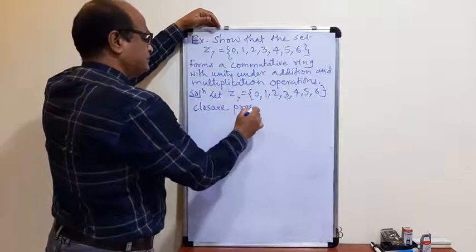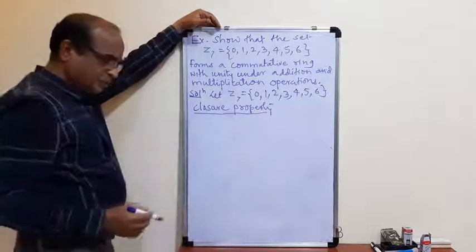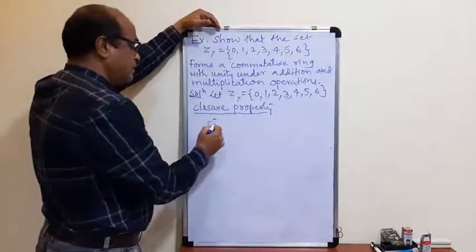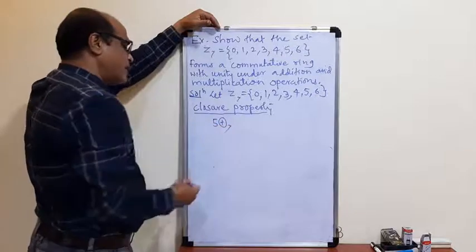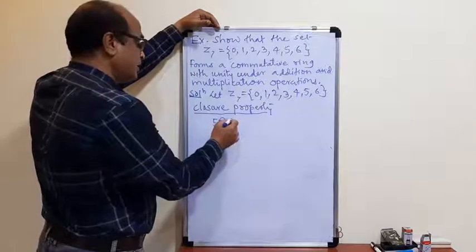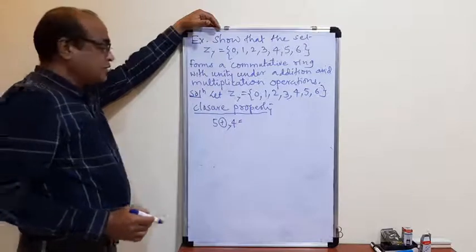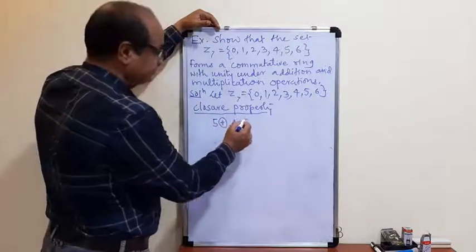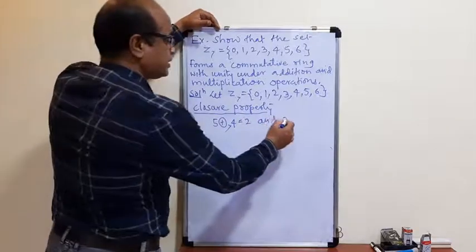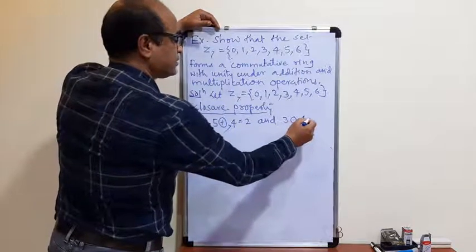Closure property. This is a property in a group. If we take two elements of this set, for example 5 plus modulo 7 4, that is 2 here, and 3 plus 4, that is 5 here.